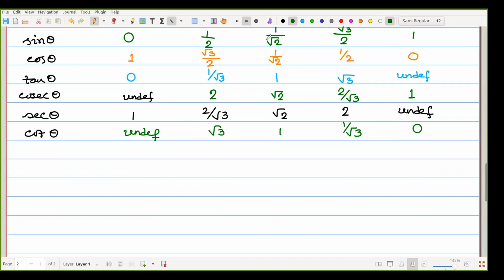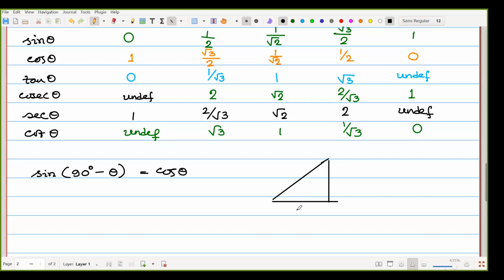Next, some more formulas that we require, that is sine 90 degree minus theta is equal to cos theta. That is very important. Now, how can we find it? Suppose we have a right angle triangle like that. Okay.